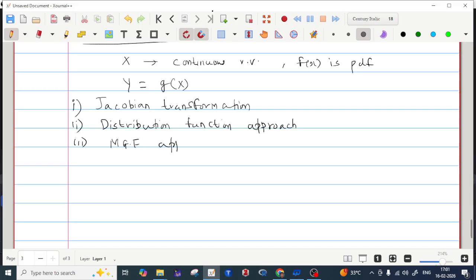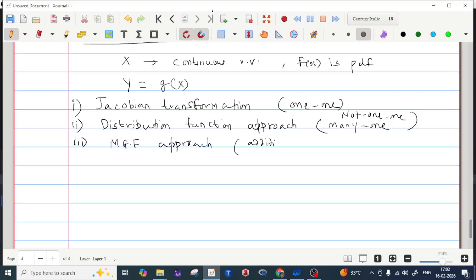Okay. Jacobian transformation is used when the function is one-one. Distribution function approach we will use if the function is not one-one, meaning if the function is many to one. MGF approach is generally used when we have to prove the additive properties.